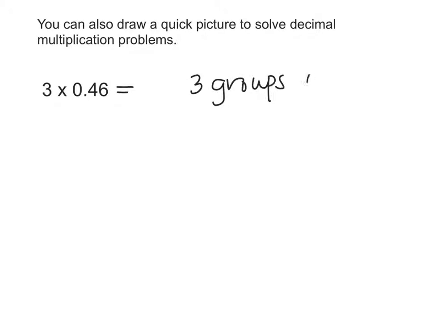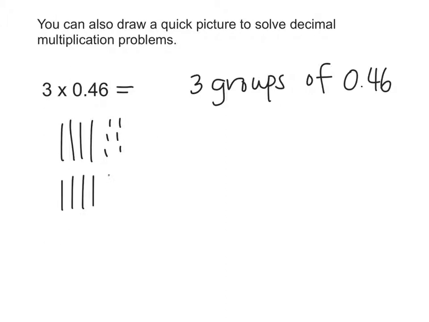Yeah, 3 groups of 46 hundredths. Very good. Can we draw one group of 46 hundredths using a quick picture? How many tenths do I have? 4 tenths. 1, 2, 3, 4. How many hundredths do I have? 6. 1, 2, 3, 4, 5, 6. Is that a quick picture that shows 46 hundredths? How many groups of 46 hundredths do I need? 3. Okay, let's draw another one then.